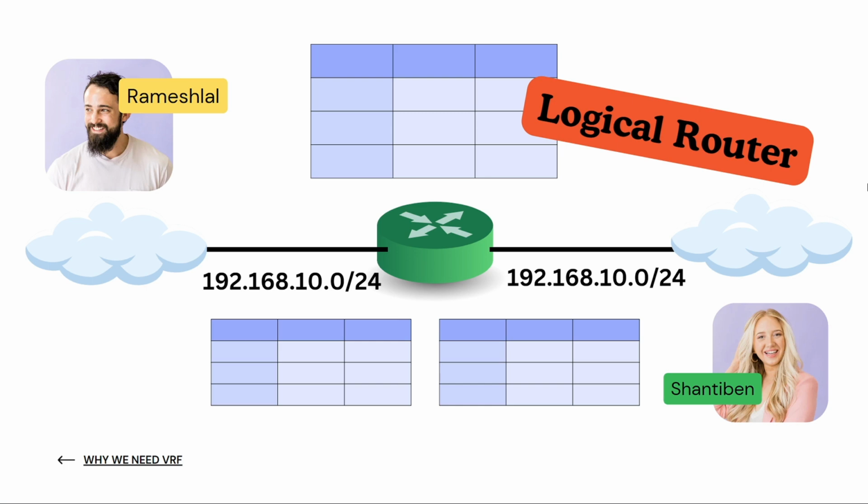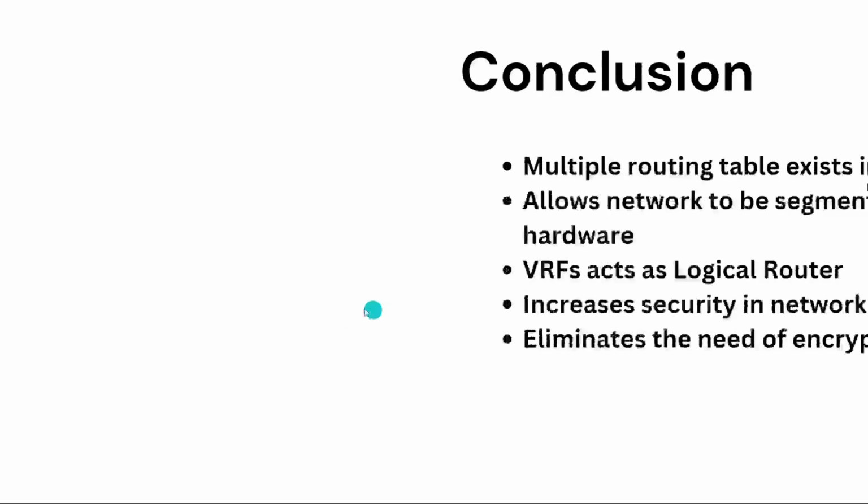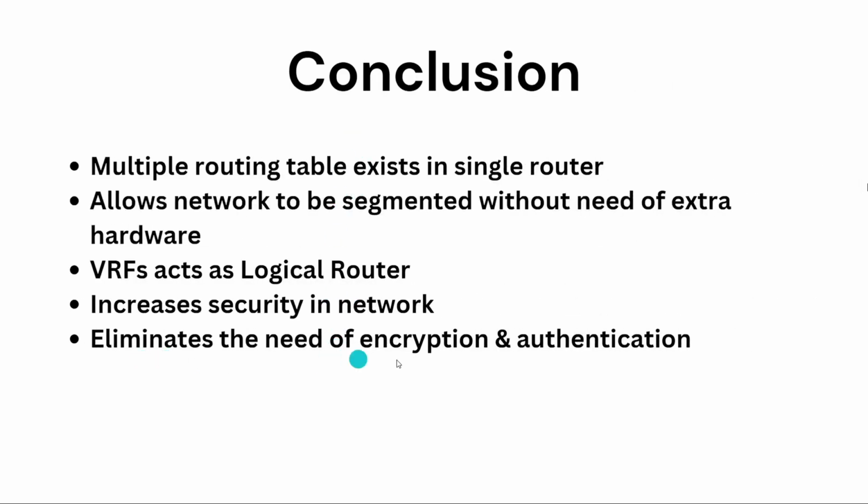They use it in their companies like this: let's say there is a central router. They create a different VRF for each customer, and they provide routing in each VRF, and by that they implement security between customers in their system. They eliminate the need of authentication and encryption just by using VRF.